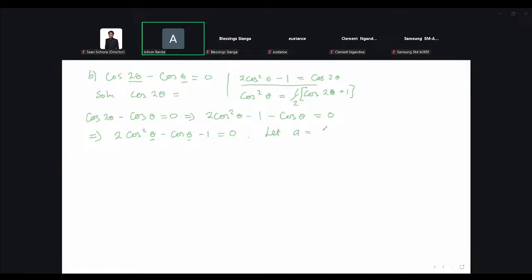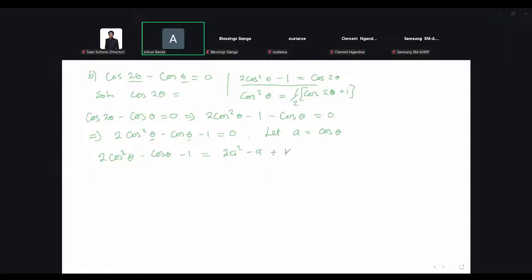Suppose that A is equal to the cosine of theta. So if A is the cosine of theta, then we can rewrite this 2 cos squared theta minus cos theta minus 1 with a different variable. This will be equal to 2a squared minus a minus 1.